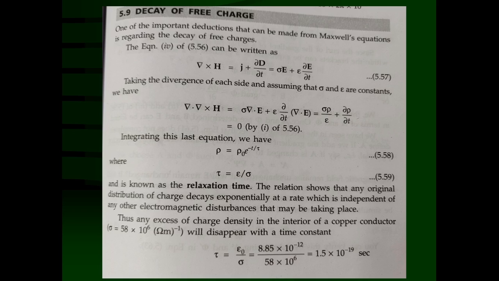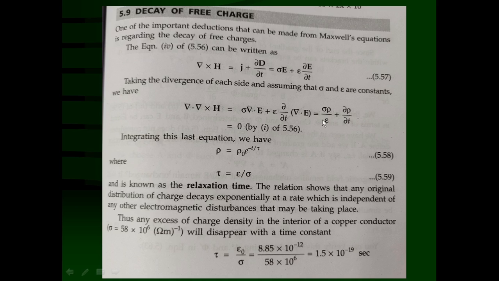Rho is the volume charge density, charge per unit volume. So we can replace divergence of E by rho upon epsilon inside this conductor, and the epsilon will cancel, giving del rho upon del t.